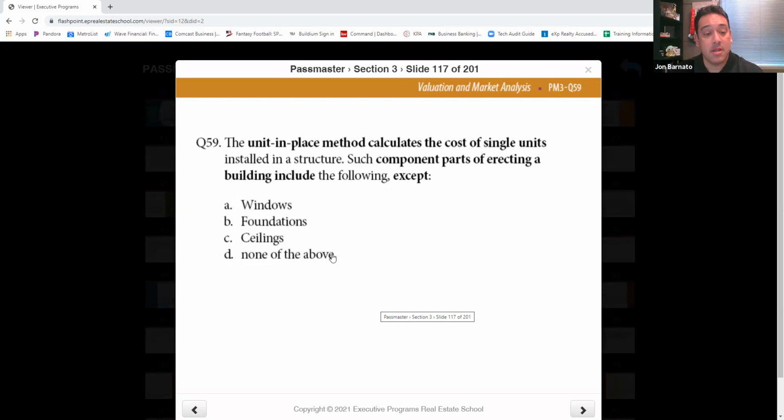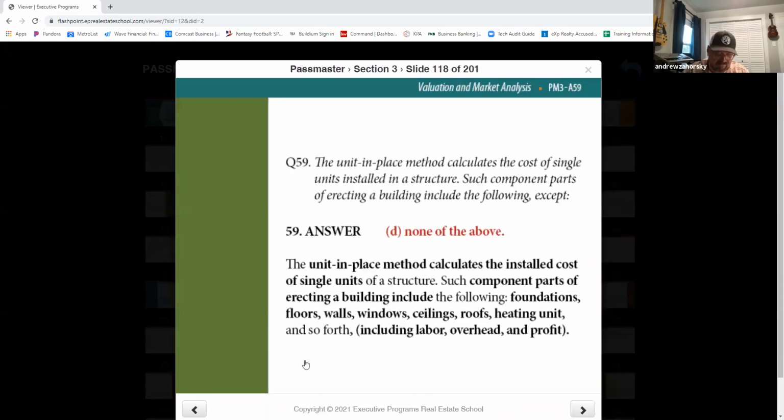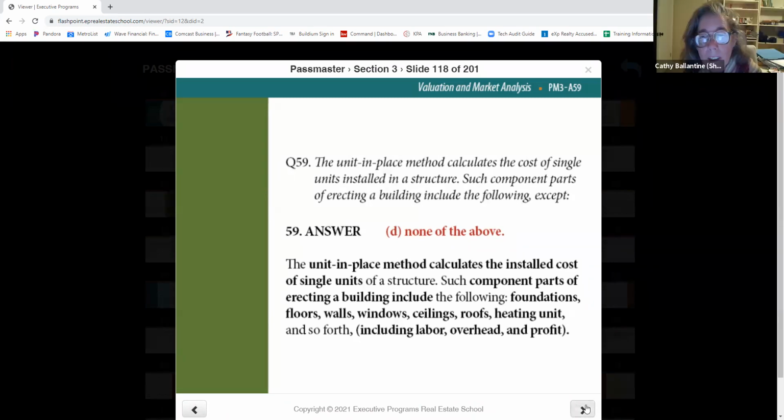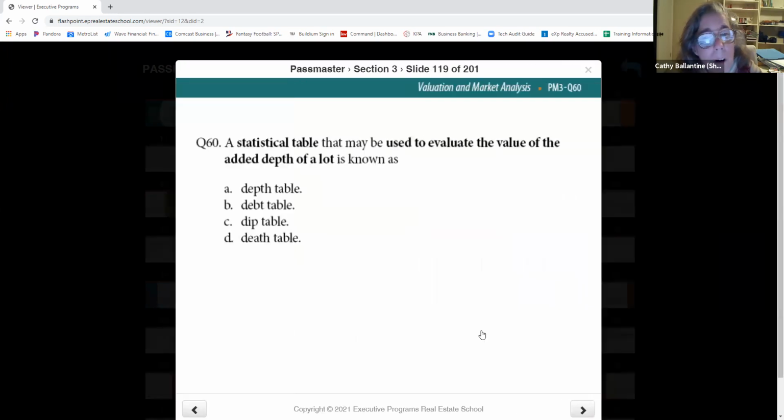So D. A lot of times you'll see builders who build single family home developments, subdivisions, estimate cost this way, because they know they have 50 lots and it's going to be this many windows. They estimate this way to estimate construction costs over a large project. So all the parts, how much of each component.